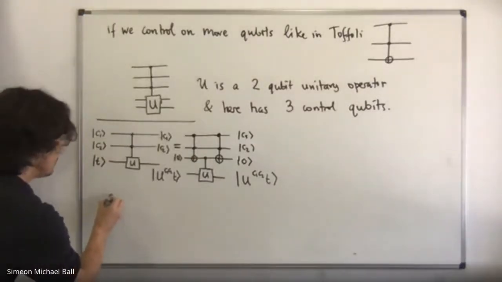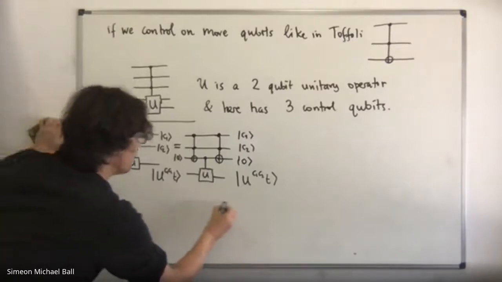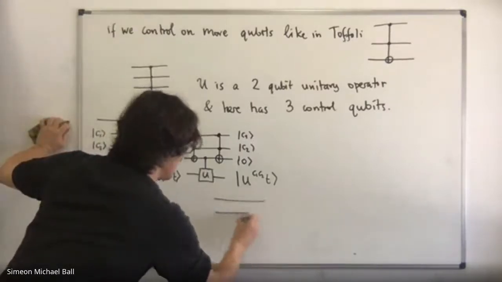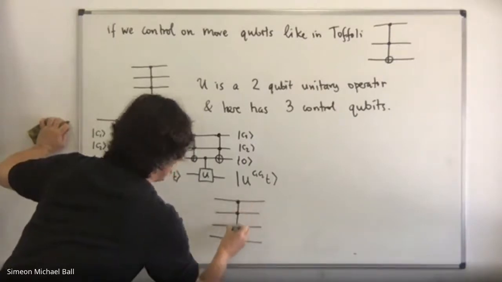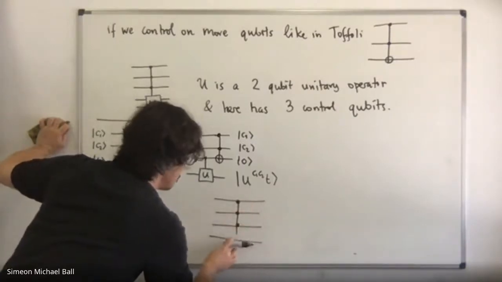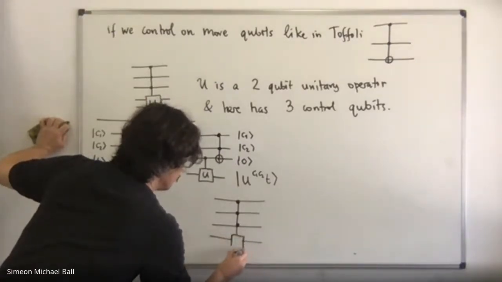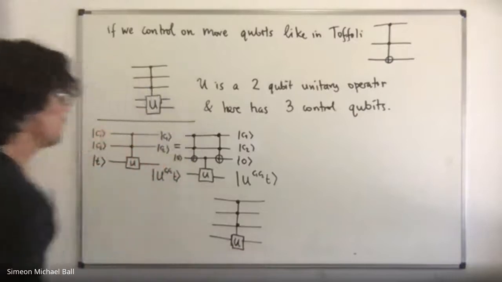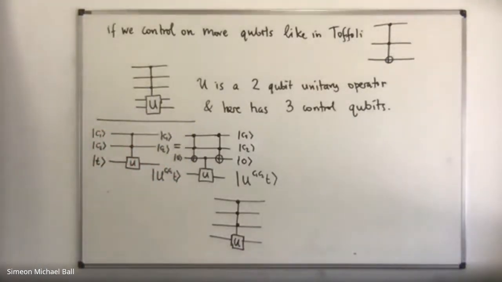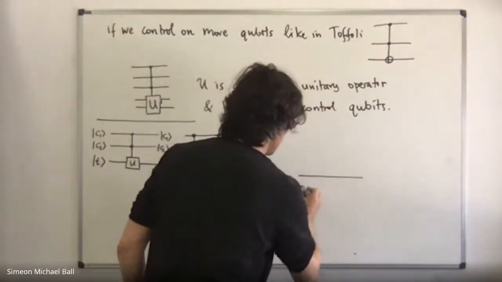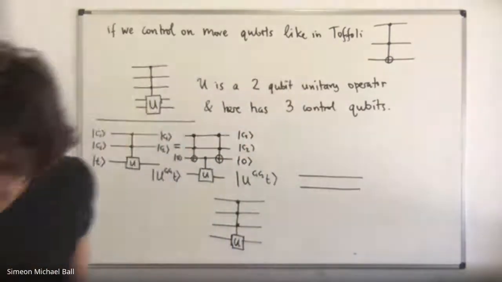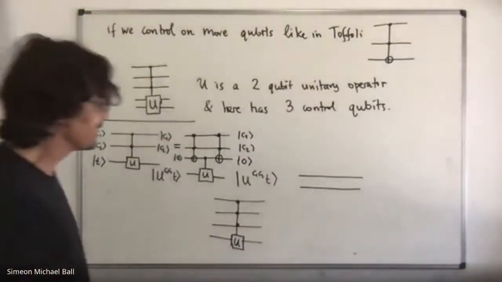Let's just do four gates. Let's suppose our U was controlled by 3. How would this then be implemented? It might make a nice exam question: how many Toffoli gates do you need?